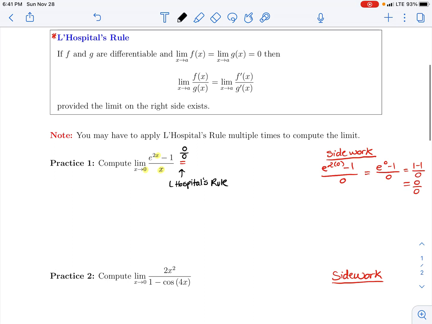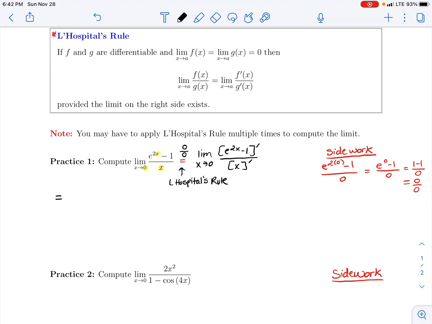Okay, so now I'm going to say that this limit is equal to the limit as x approaches 0 of the derivative of the top divided by the derivative of the bottom. Now going on to the next line, when I compute the derivative, I get that this is the limit as x approaches 0. Now the derivative of e to the 2x, that's e to the 2x times the derivative of 2x, minus 0, all over 1.